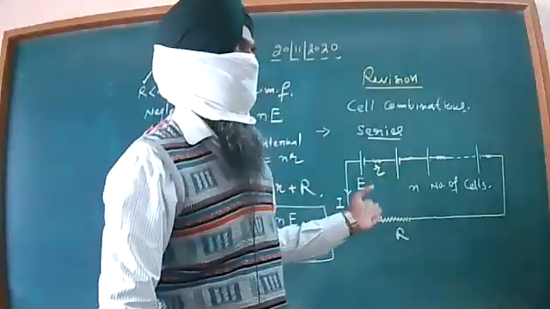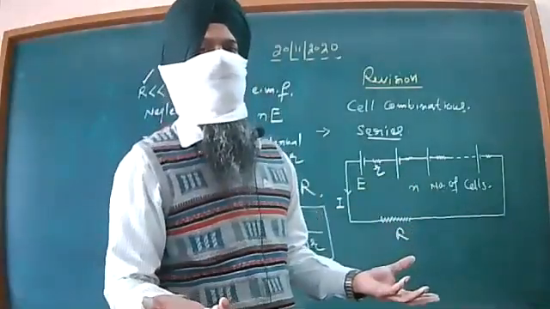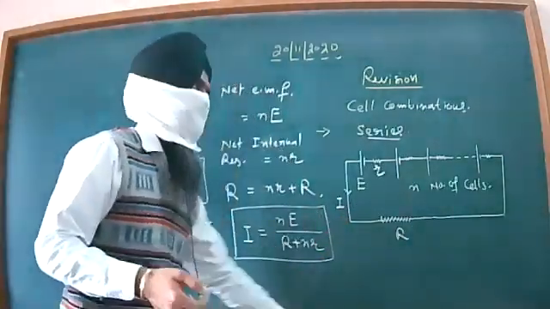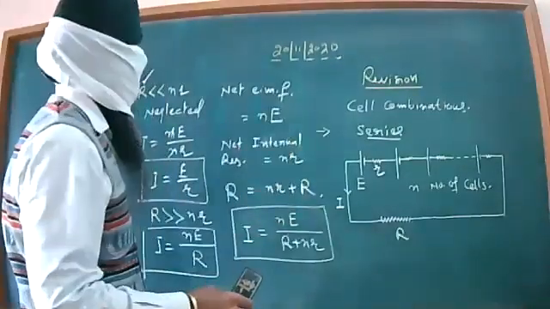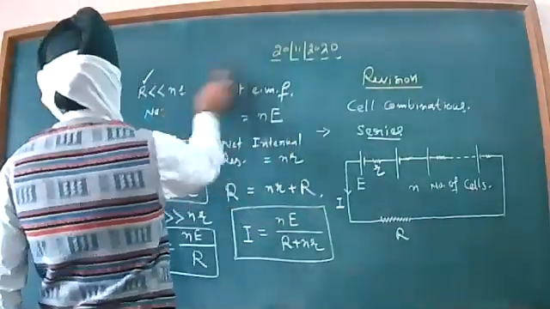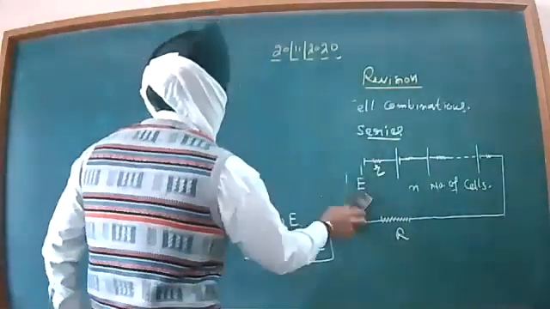And then external resistance capital R is also there. We can have the net resistance calculated, and then we can calculate the electric current flowing through the circuit also. Now, after this, we will be focusing upon, dear children, the parallel combination of the cells.